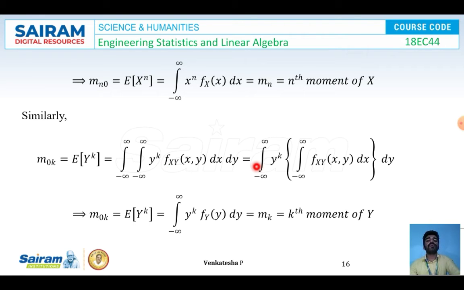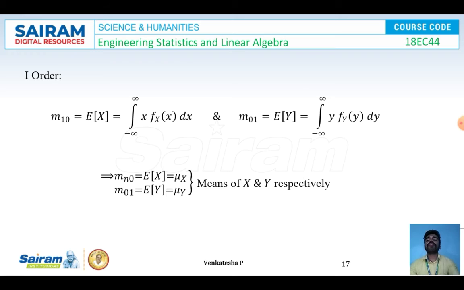This equals the integration from minus infinity to plus infinity, taking y^k outside, of the integration from minus infinity to plus infinity of f_XY(x, y) dx dy. The inner integral is nothing but f_Y(y), the marginal density function. So m_0k is equal to the expectation of y^k, which is equal to the integration from minus infinity to plus infinity of y^k f_Y(y) dy. This is called the kth moment of y.